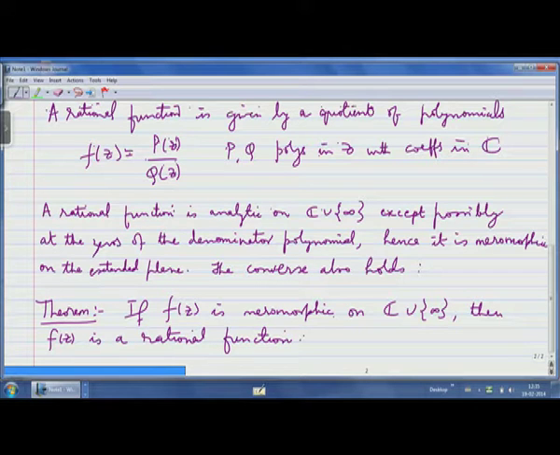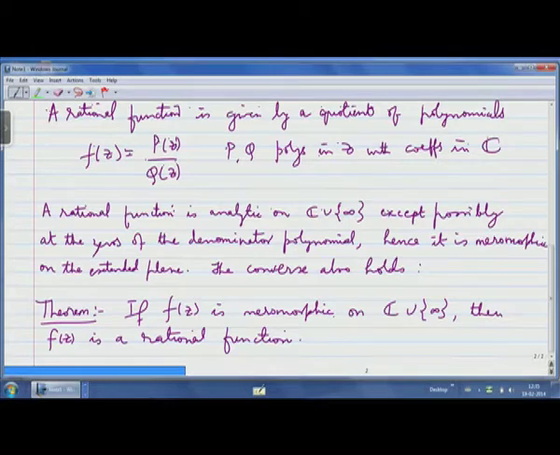So there is no difference between meromorphic functions and quotients of polynomials. There is absolutely no difference, and you should now think of it like this.